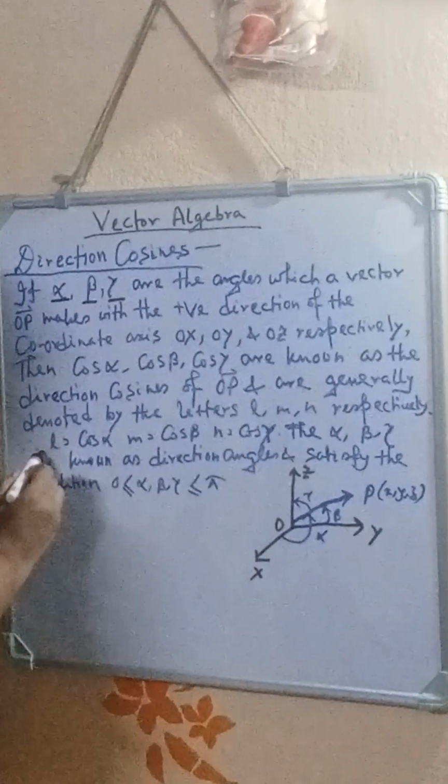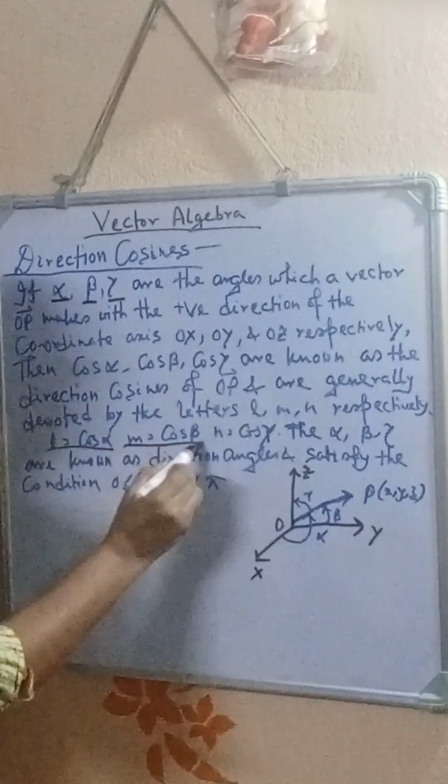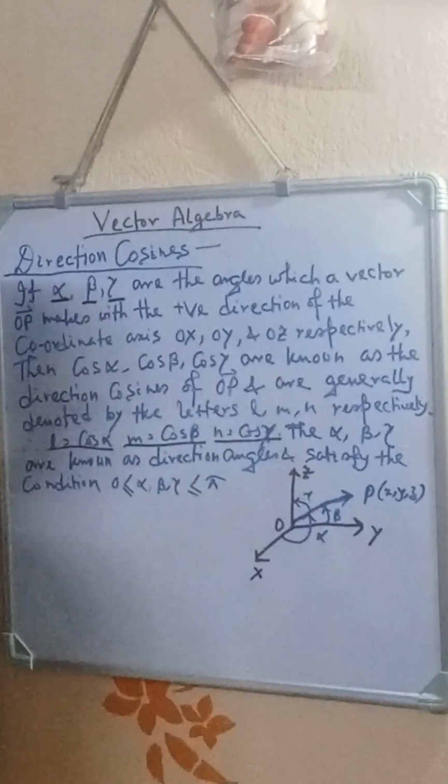Then L equals cos alpha, M equals cos beta and N equals cos gamma.